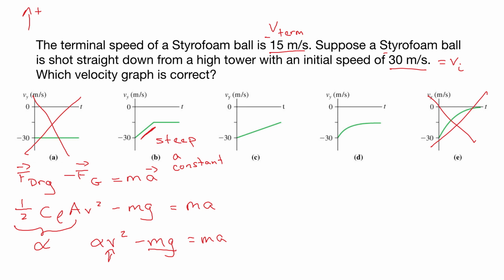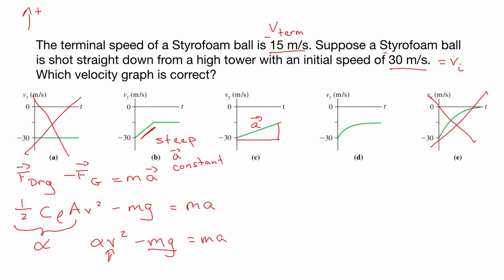Same goes for the acceleration in graph C. This is a more gentle slope, so that number will be lower, so this would be a smaller acceleration than what's going on in that section of graph B, but it's still just a line. So I could do my rise over run, I could do my calculation, and I could find out what that acceleration is, and it would still be a constant acceleration because the slope is not changing with respect to time.